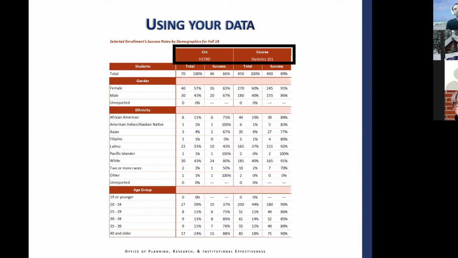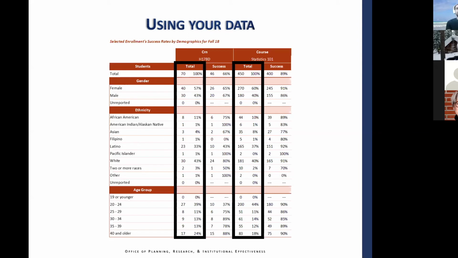Then the second group of columns is course data, which means that all the classes for Statistics 101 that were offered for Fall 18, regardless of the faculty member, are combined into the second set of columns, okay? That was so that you can have a little more data, especially for the people whose classes don't have that many students. So it's always good to have a little more reference.